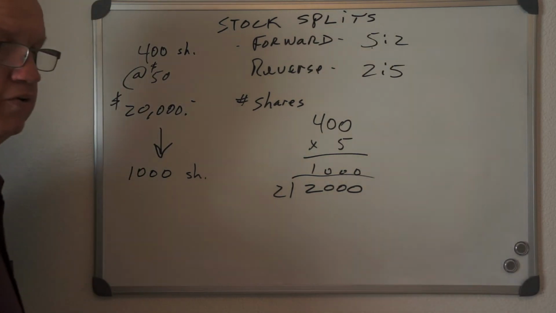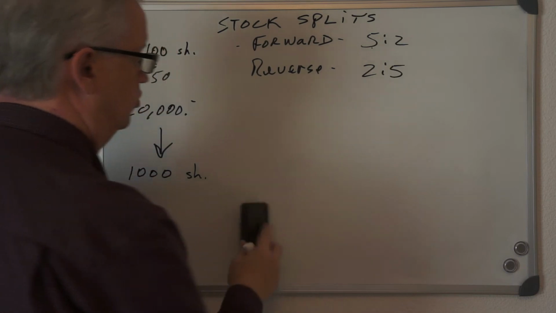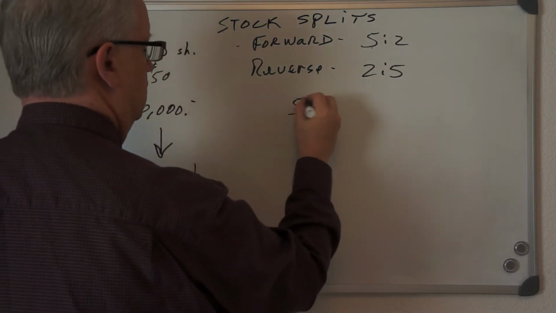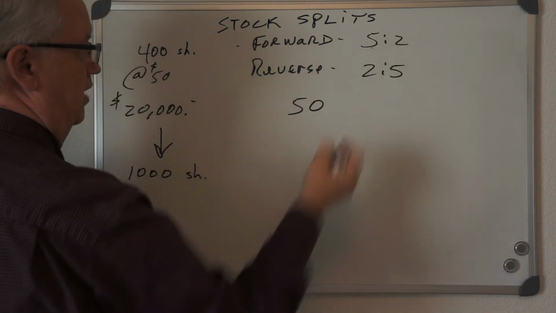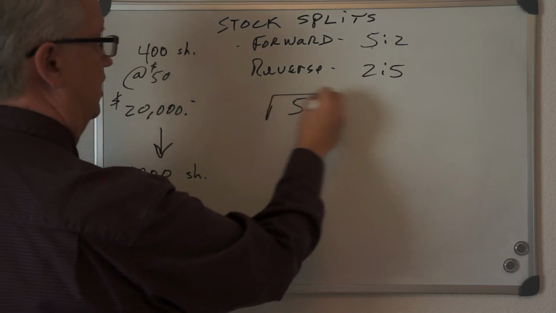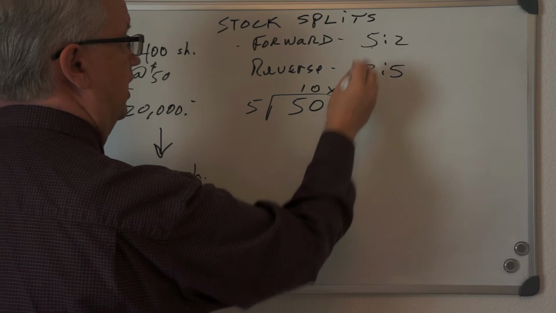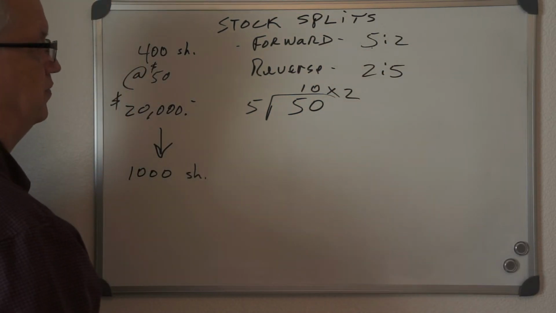But how do we figure out the value of the stock? The new price of the stock. It was $50. We divide by the first, multiply by the second. Okay? Divide by the first, multiply by the second number.